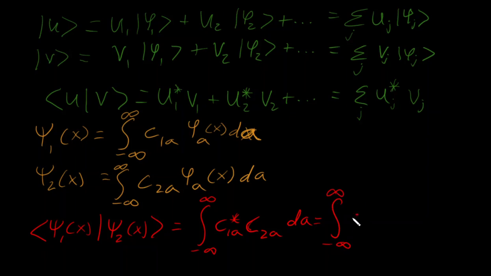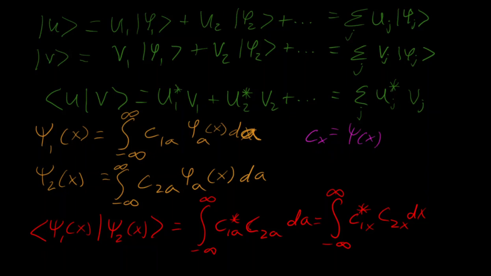So from negative infinity to infinity, let's say C1x star, because it's just the same. x is the position, right? C2x dx. And now, hopefully you can see where I'm going with this. We talked about in the other video how Cx equals psi of x.